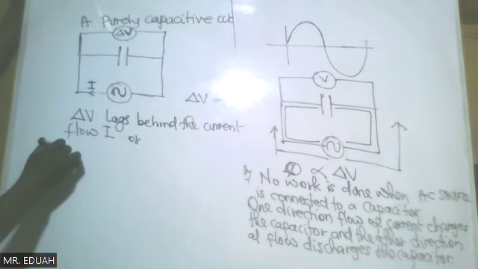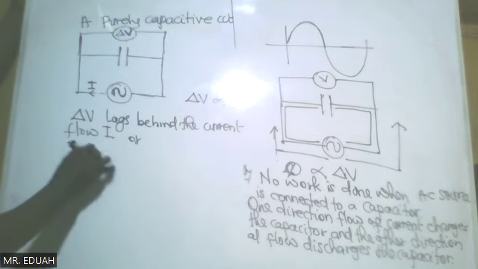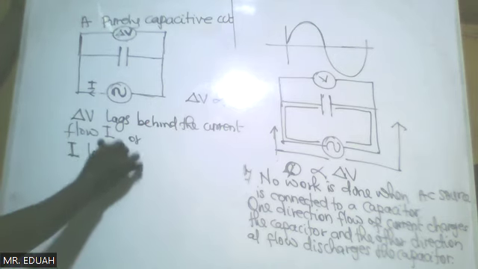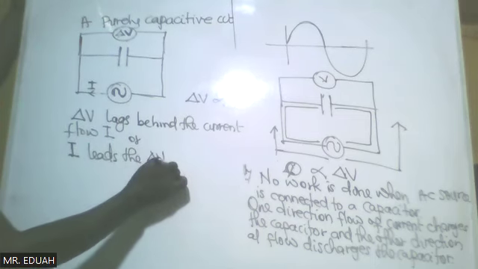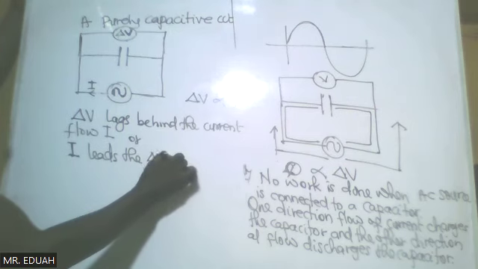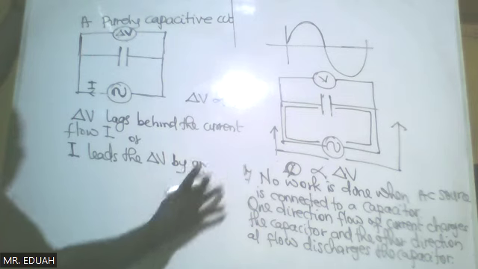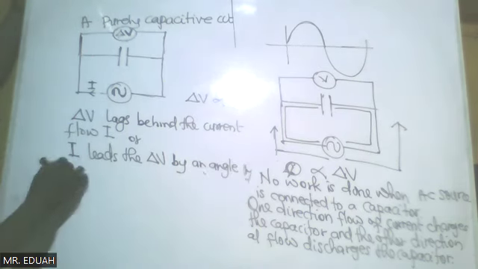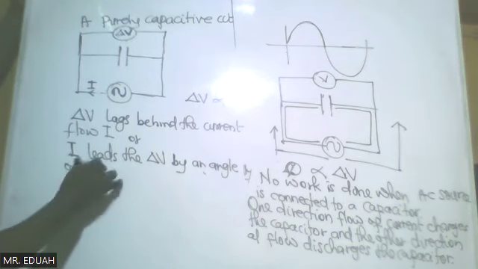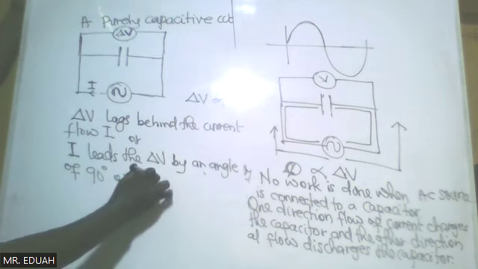Or the current I leads the voltage drop, delta V, by an angle of 90 degrees or pi on 2 radian.